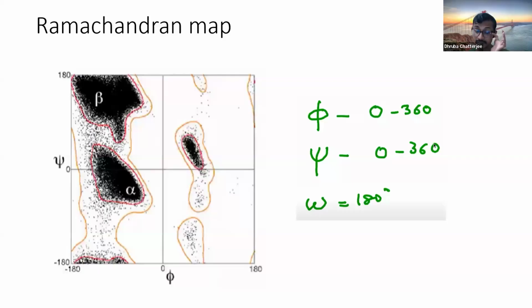Now, for doing that, what we really need to understand is why a certain amino acid sequence leads to formation of a certain secondary structure, right?